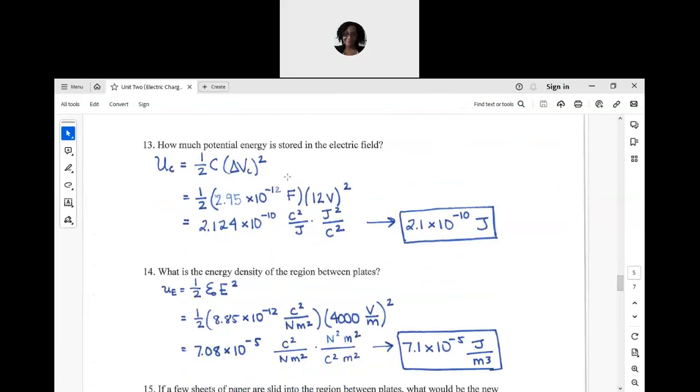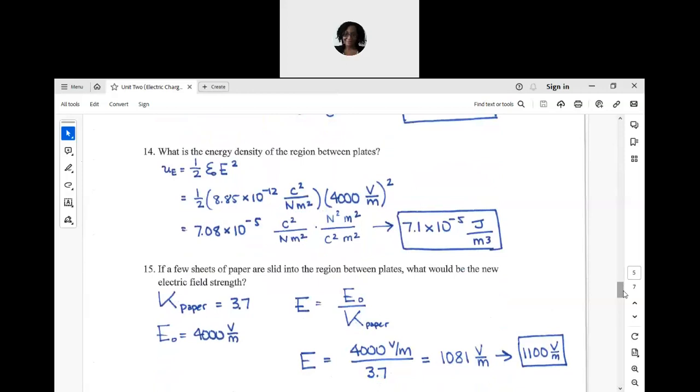And just as I did before, I split the volt into joules and coulombs, and I split the farad into coulomb squared per joule. That shows that both of your coulomb squared cancel, and one of the joules that's in the numerator is left behind when the one that's in the denominator cancels.